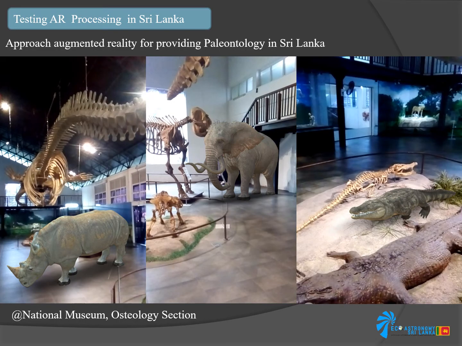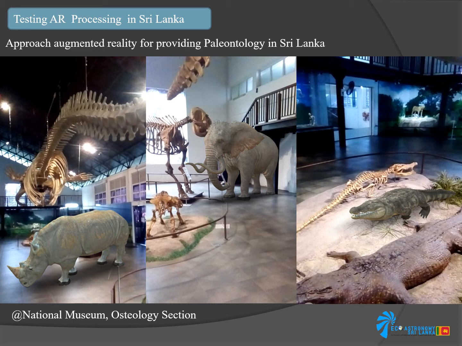We also went to the National Museum auxiliary sections in Colombo to synchronize samples with the developed applications. Here we placed a few samples in different dimensions, such as a rhinoceros, an extinct elephant, and crocodile species. Each of the samples has been synchronized inside the auxiliary sections.